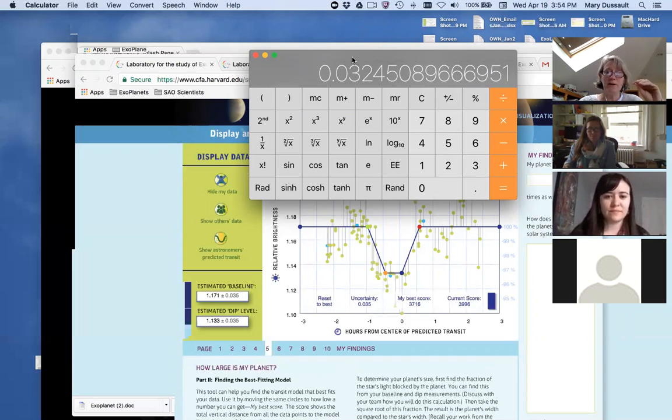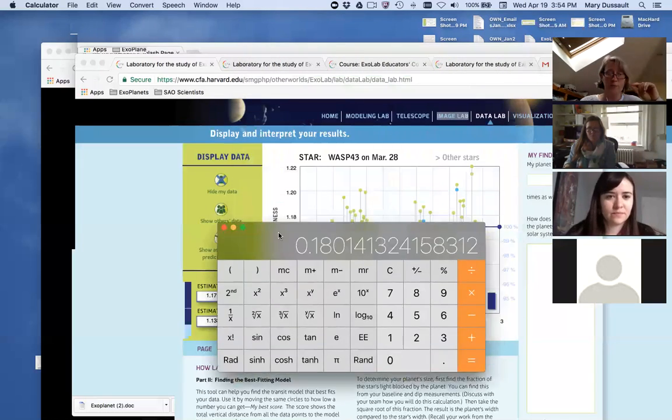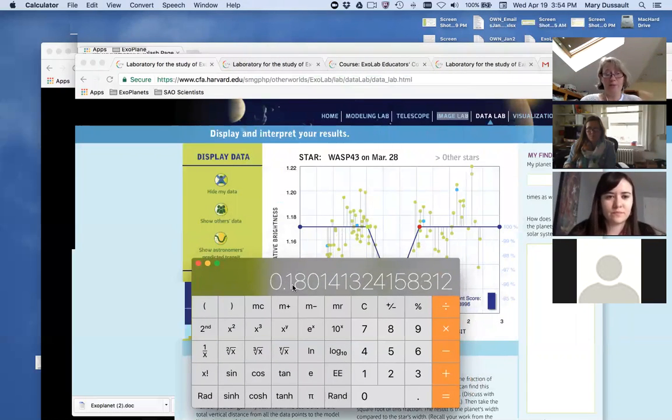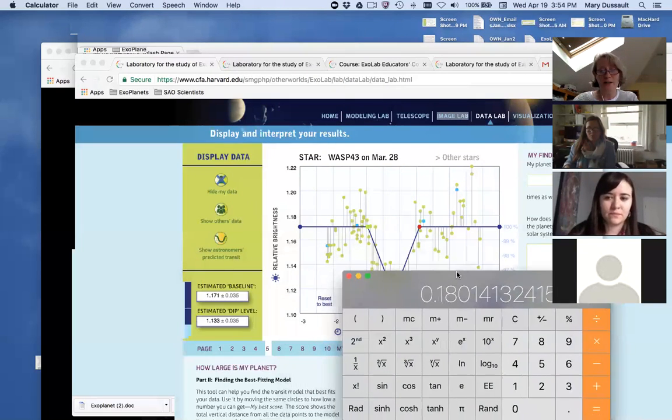And you'll remember that it's the square root of that that's going to be the ratio of the size of the planet to the size of its star. So by taking the square root of 0.03, we have WASP-43 being a planet that's 0.18, nearly 20% of the size of its host star.